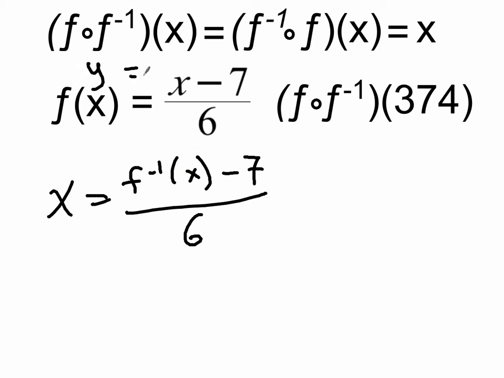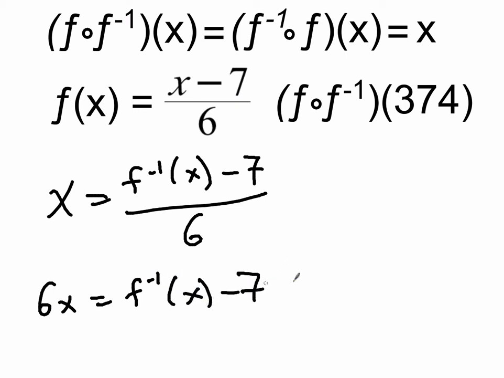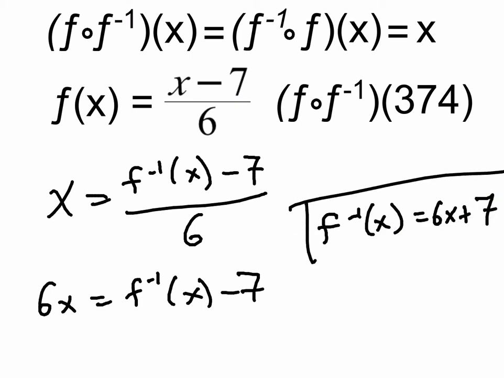If I'd said y equals this, then I would say x equals with a y here where I have f inverse, but now that we're using function notation, you write it like this. And we're going to solve for f inverse of x. So multiply both sides by 6, and you get 6x equals f inverse of x minus 7. And now add 7 to both sides, and you get f inverse of x is equal to 6x plus 7.